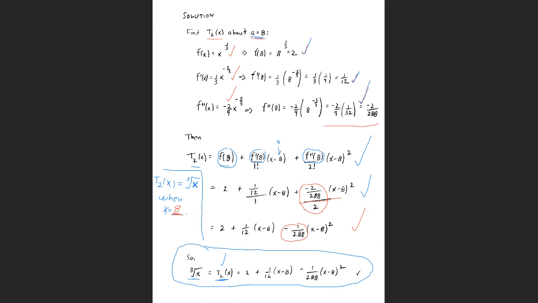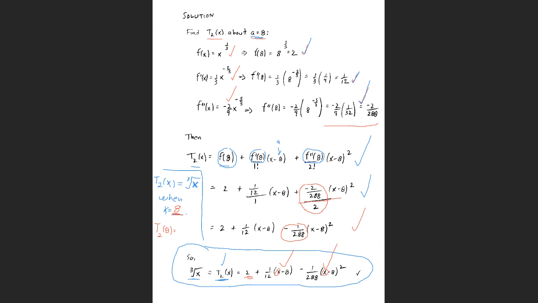If you substitute x equals 8, in other words, T sub 2 of 8, putting 8 in for x here, T sub 2 of 8 is just going to give you 2, because this term and this term will equal 0 when x is 8.